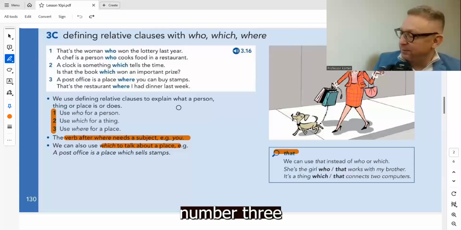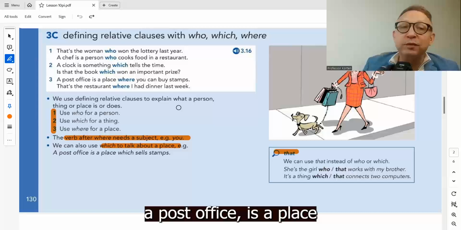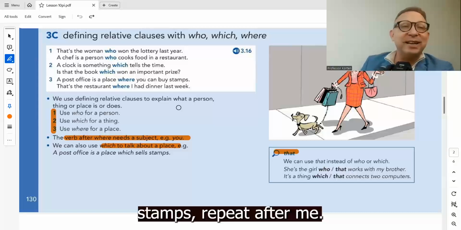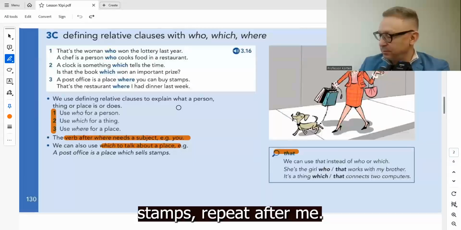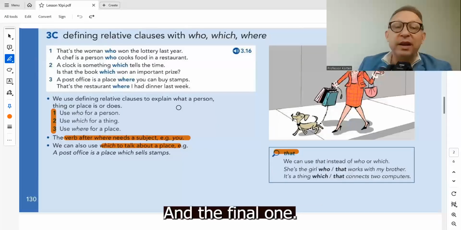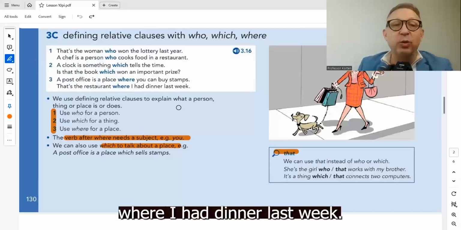Number 3, a post office is a place where you can buy stamps. Repeat after me. And the final one, that's the restaurant where I had dinner last week.